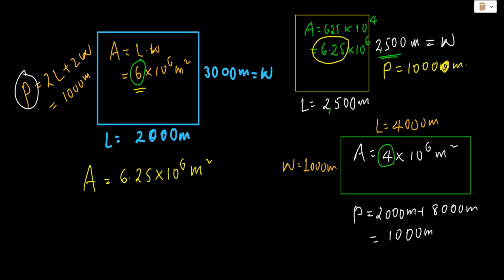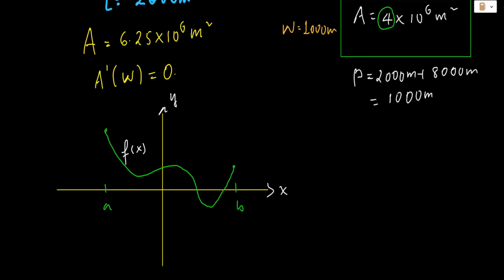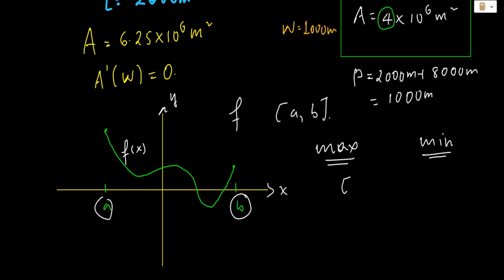So that means the maximum area is obtained when the first derivative of the area function is 0, that is, at the critical numbers. For a given function f defined on the closed interval from a to b, if it is differentiable and the curve is continuous, then the maximum and minimum values, which means the extreme values, are obtained at either the end points, a or b, or at the critical points.